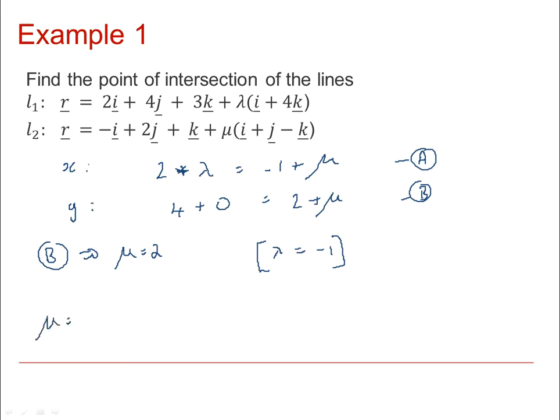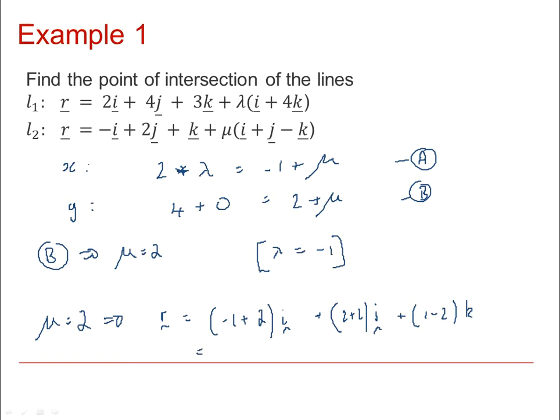And so mu equal to 2 means that L2 gives us r is equal to -1 plus 2 in the i direction, 2 plus 2 in j, and then 1 minus 2 k.